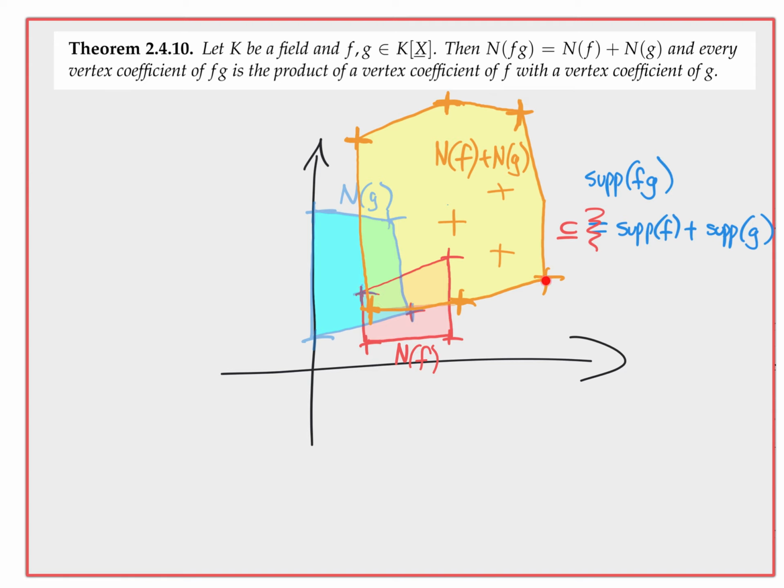And the coefficient belonging to this monomial in f times g is just the coefficient of this monomial times the coefficient of this monomial, right? And so on. Yeah, that's the really nice thing about Newton polytopes. Okay.